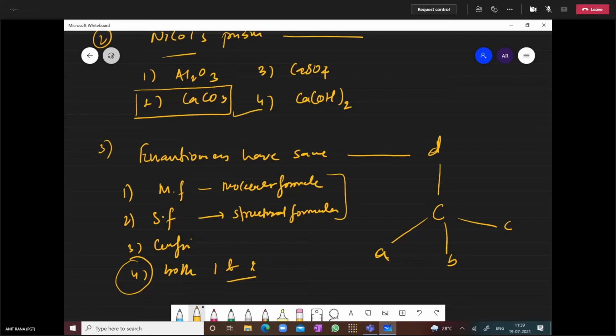The mirror image is the difference. So the configuration is clear, when the mirror image will change. Otherwise, they have same molecular formula, same structure. The configuration will be different.